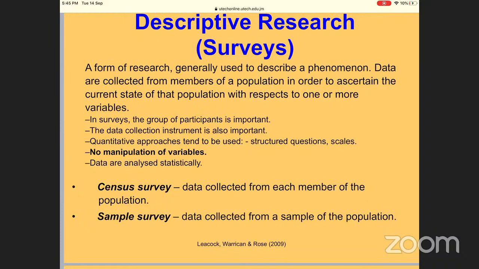And then the sample would be a subset of the population. I said programmers at fiscal services. That's a government agency that produces software for the government agencies and ministries. We could decide that we're going to do an online survey of 30% of the programmers at fiscal services, for example, and that would be a sample of the population of programmers at fiscal services. Next slide.